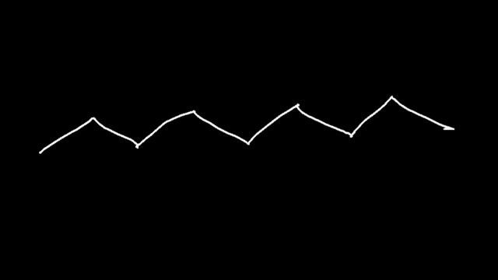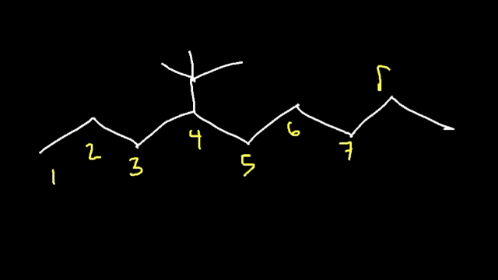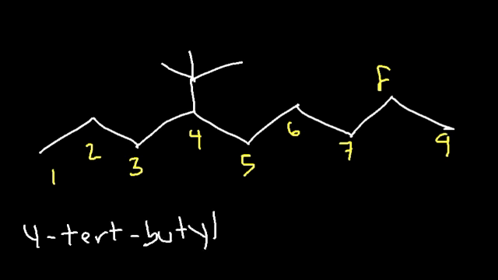Now what about this one? So on carbon 4, we have a tert-butyl group. So to name it, this is going to be 4-tert-butylnonane.